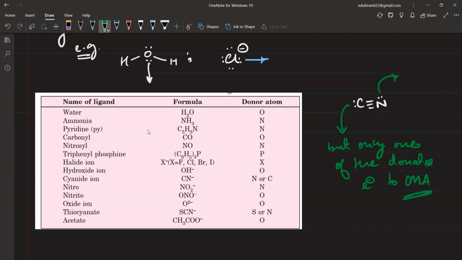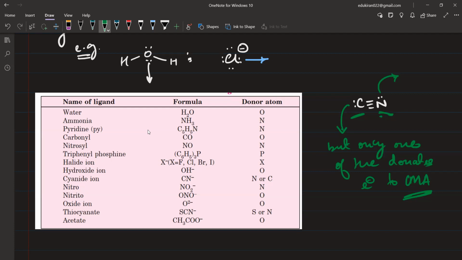Don't think we have two donor atoms here; only one of them is going to donate. The capability is there for both. Carbon can donate, nitrogen can also. But if nitrogen is donating, carbon cannot, and when carbon is donating, nitrogen cannot. So we have two possible donor atoms, but only one of them donates. That is why it is a unidentate ligand and not a bidentate ligand.